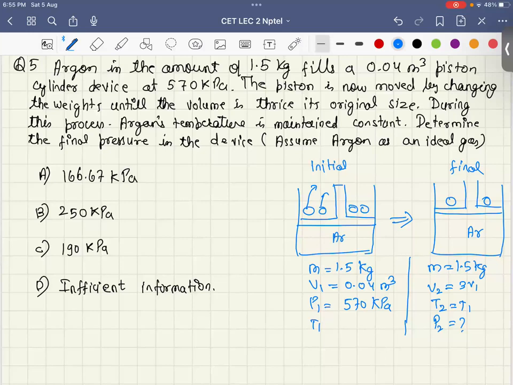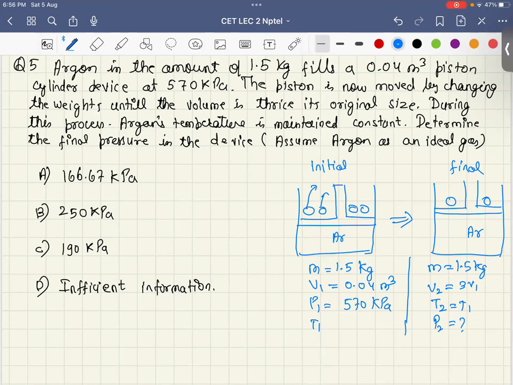Anybody able to solve it? In the next set of examples, we are going to need steam tables.